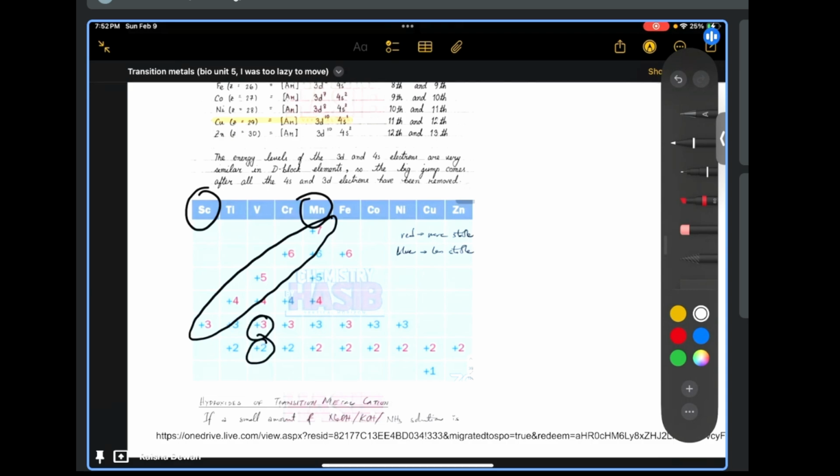Actually, they cannot do ionic bonding. If someone has an oxidation state greater than +4, they cannot undergo ionic bonding anymore, because removing those electrons requires a lot of energy. This is the first thing.